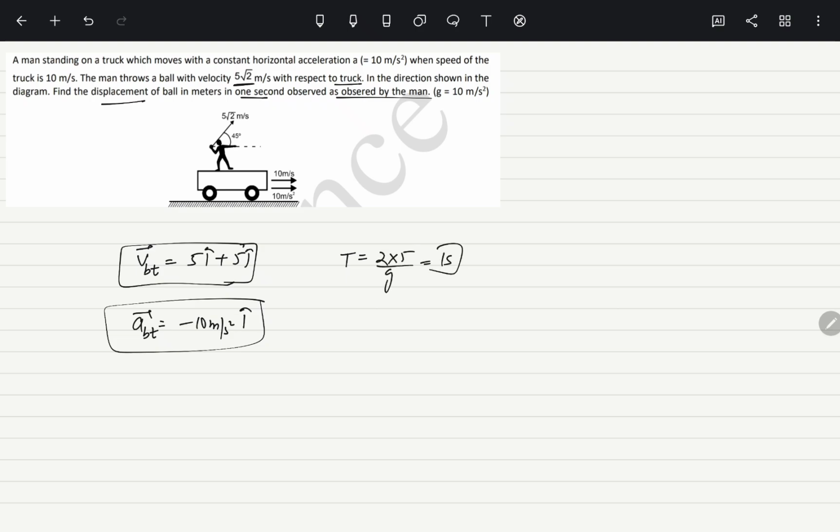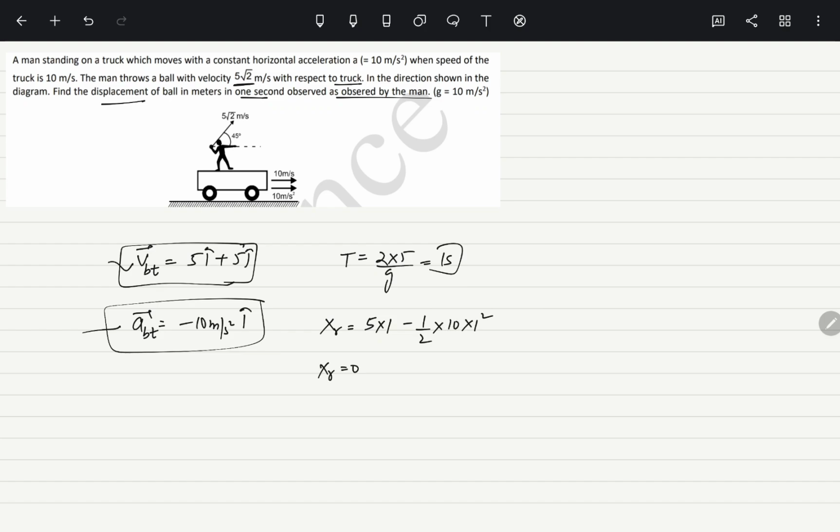That means the ball hits the truck in 1 second. So in 1 second, what is the displacement of the ball? We need to calculate it with respect to the man. So with relative velocity and relative acceleration, we'll calculate the relative position. So x relative is equal to velocity 5 into 1 minus half, using the second equation of kinematics, into 10 into 1 square.